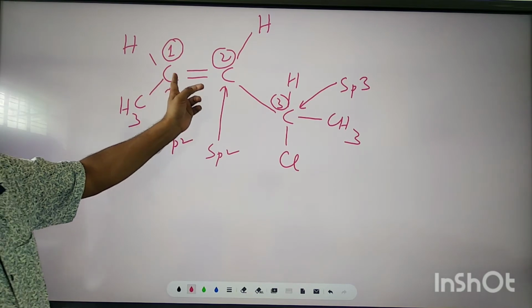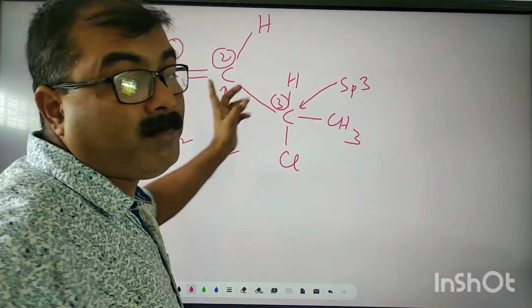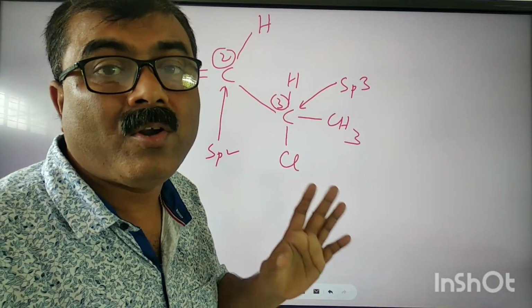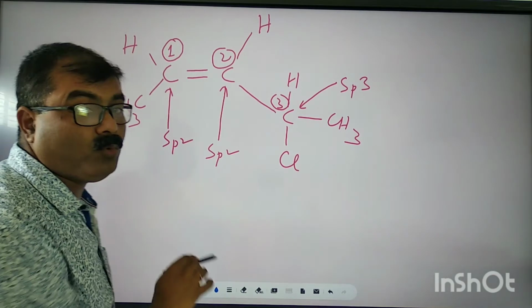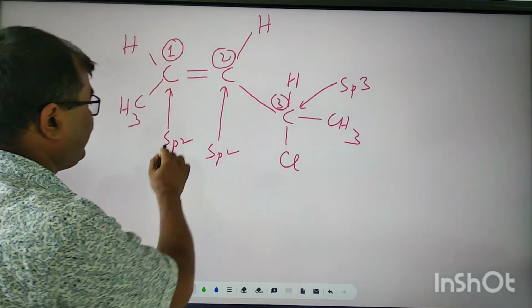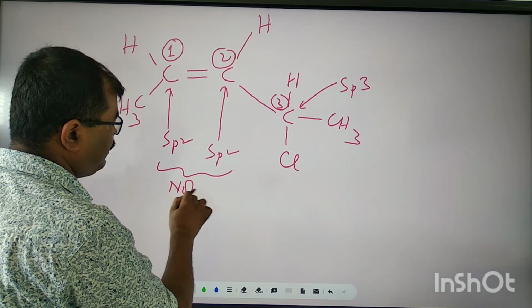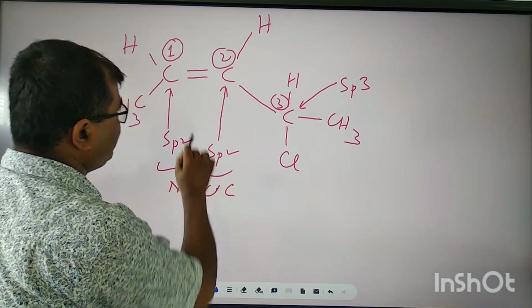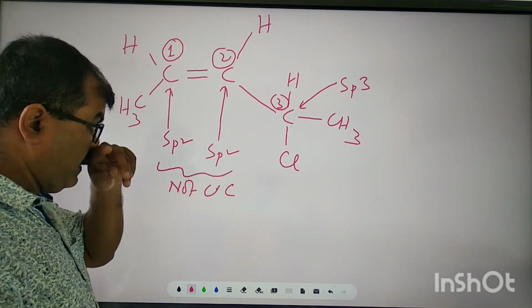Straight away we can say carbon numbers 1 and 2 are not chiral centers because they are sp2 hybridized. They cannot be chiral centers.